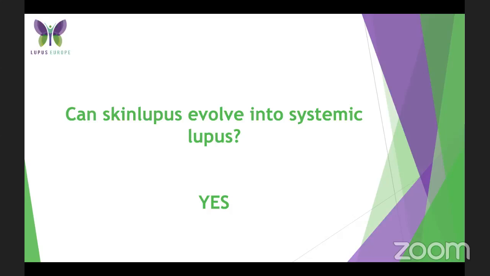Even patients with skin lupus need their dermatologist, need their routine follow-ups in order to do blood tests. You can't actually prevent someone developing systemic lupus, but at least you can diagnose it if patients have a doctor and have their follow-ups. Next slide, please.